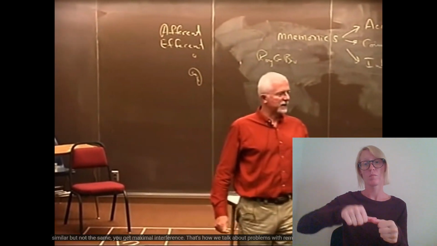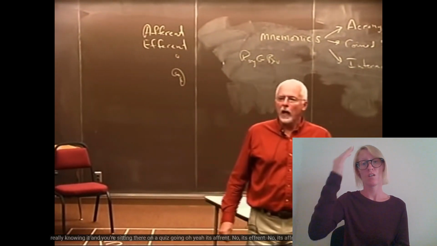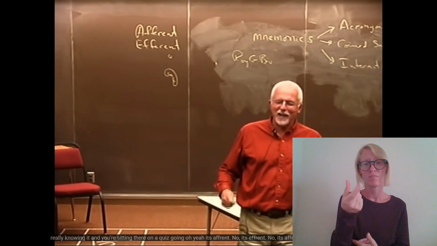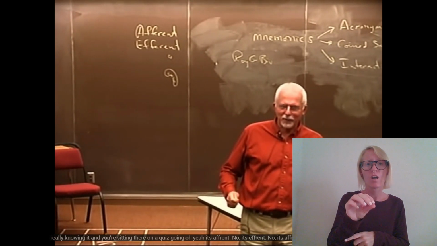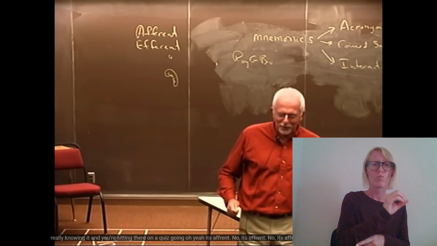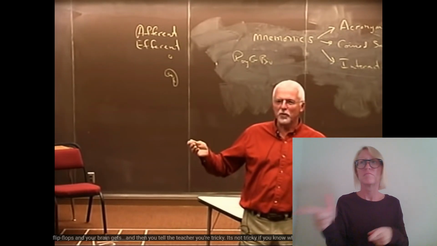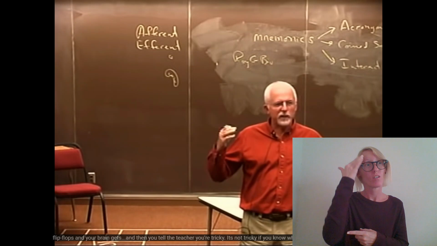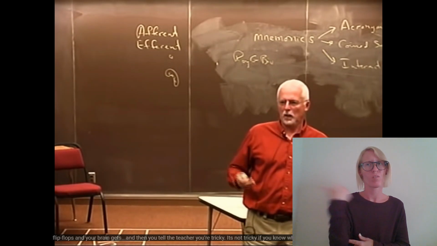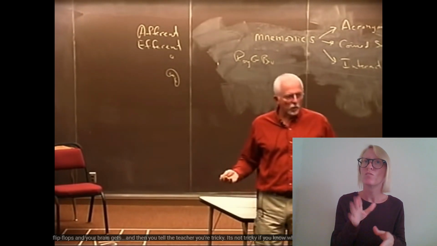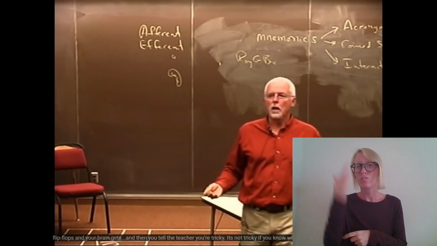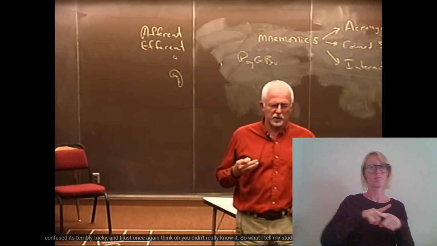So you memorize it without really knowing it, and you're sitting there on a quiz going, oh yeah, it's afferent. No, it's efferent. No, it's afferent. How many of you have done those flip-flops? And your brain gets confused, and then you tell the teacher, you're tricky. It's not tricky if you know which is which. It's very easy. But if you're confused, it's terribly tricky.